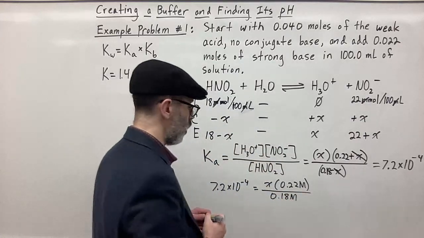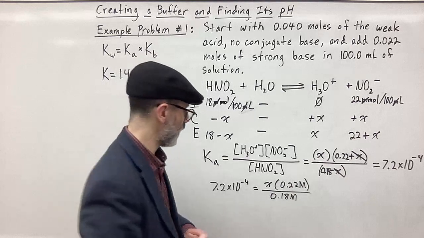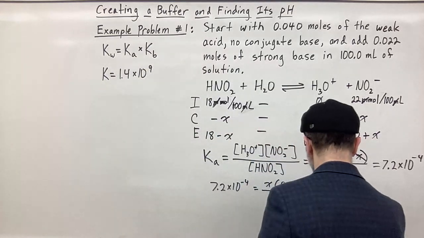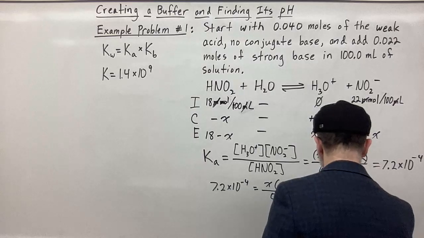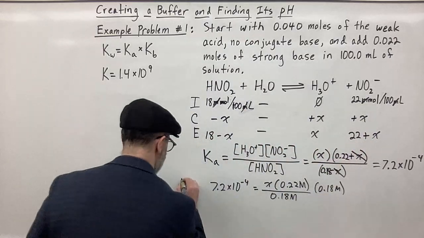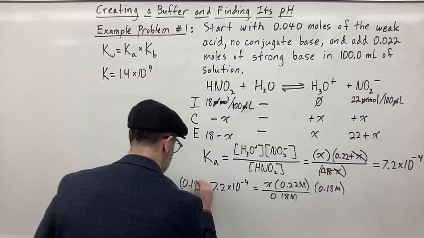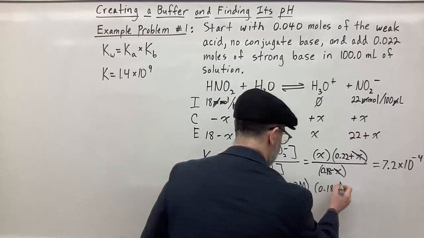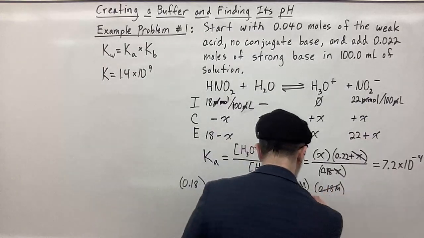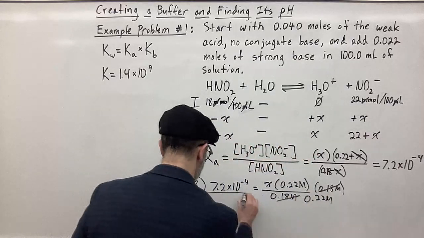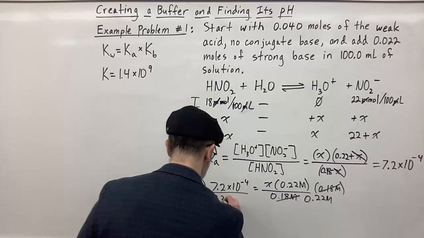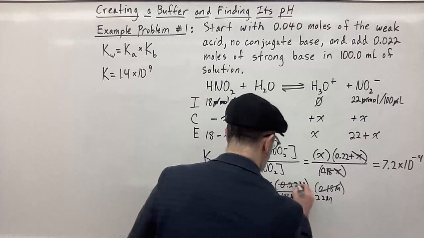Then we solve for X by multiplying by 0.18, so that cancels out, and then dividing this side by 0.22 molar, so that cancels out.